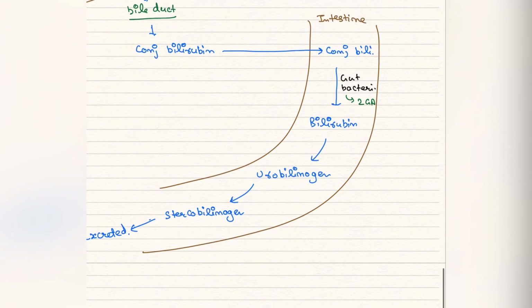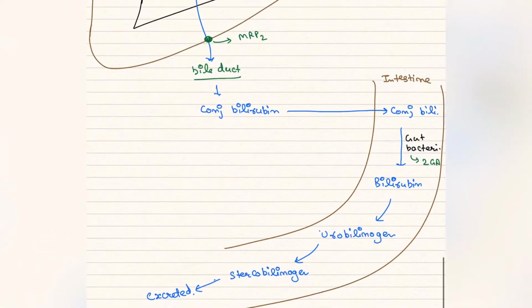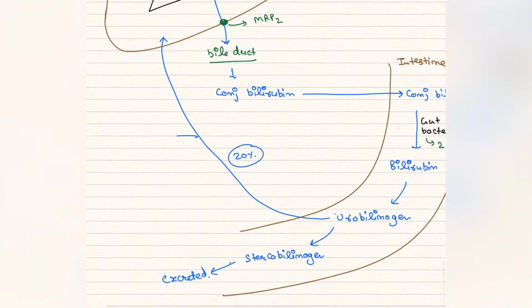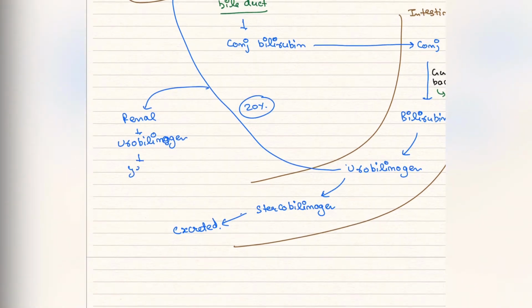Now in this pathway there is another pathway, that is enterohepatic circulation. In this, about 20% of urobilinogen goes back into the liver, and some part will go to the kidney in the form of urobilinogen and gives yellow color to urine.